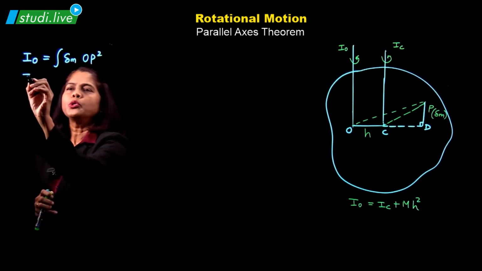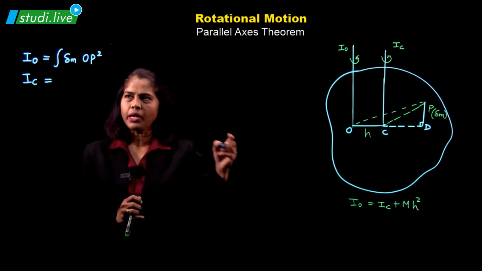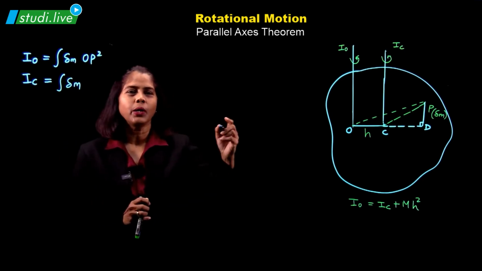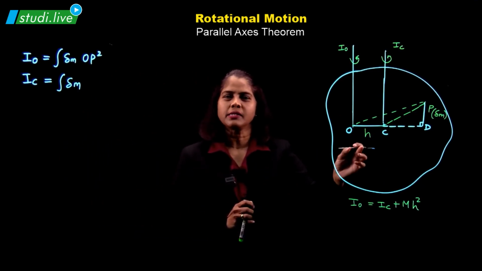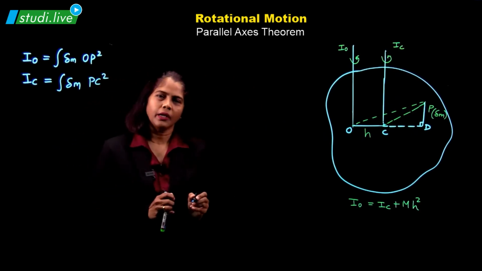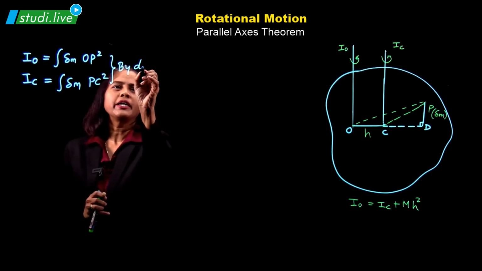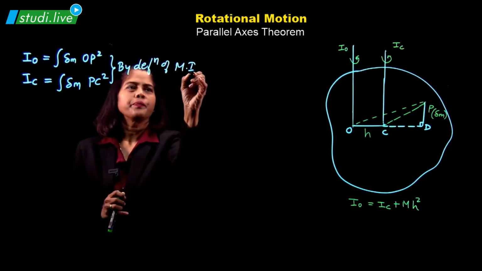Same way, I'm going to mention about IC, that is moment of inertia about an axis passing through center of mass, will be sum of product of mass and perpendicular distance between particle and axis. So, particle and axis distance is PC. So, this is PC square. Clear? So, this is by definition, students. We can write by definition of moment of inertia.